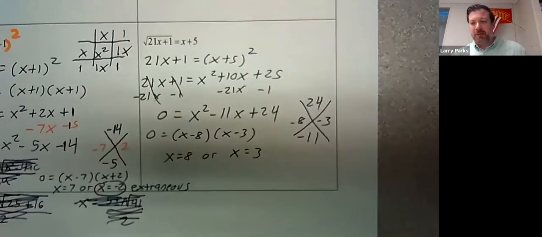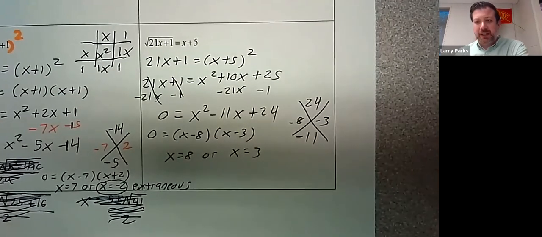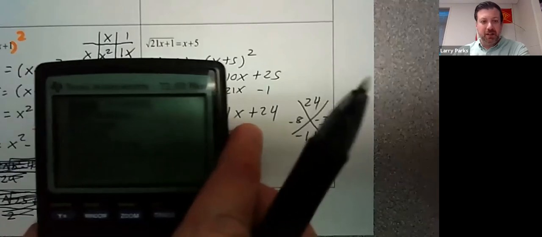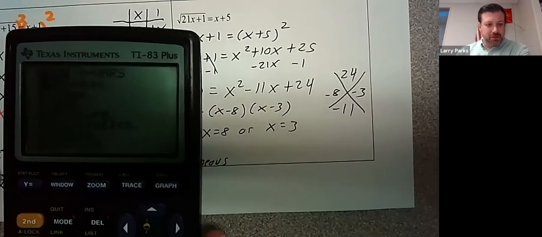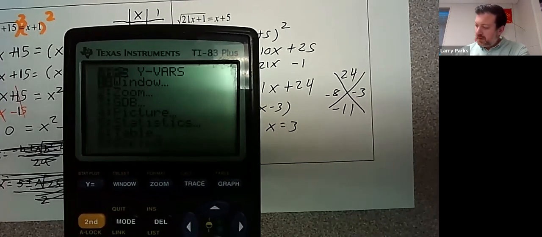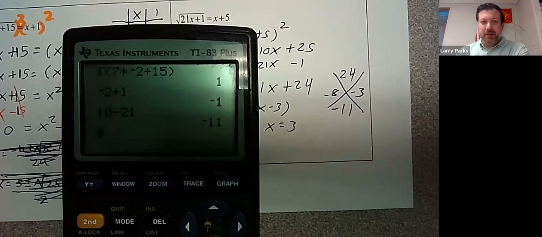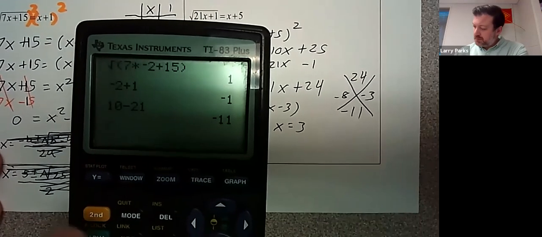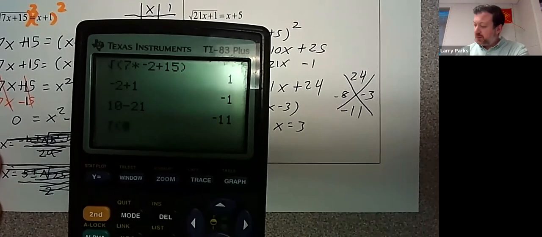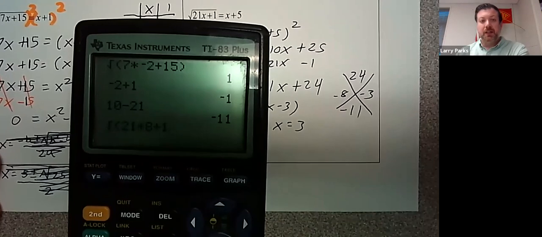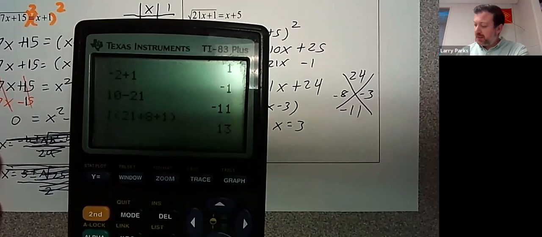Okay. Then I check my work, either using Desmos or plugging in. I'll start with 8. So the square root of 21 times 8 plus 1, close the radical. That should equal 8 plus 5. 13 equals 13, yes, okay.